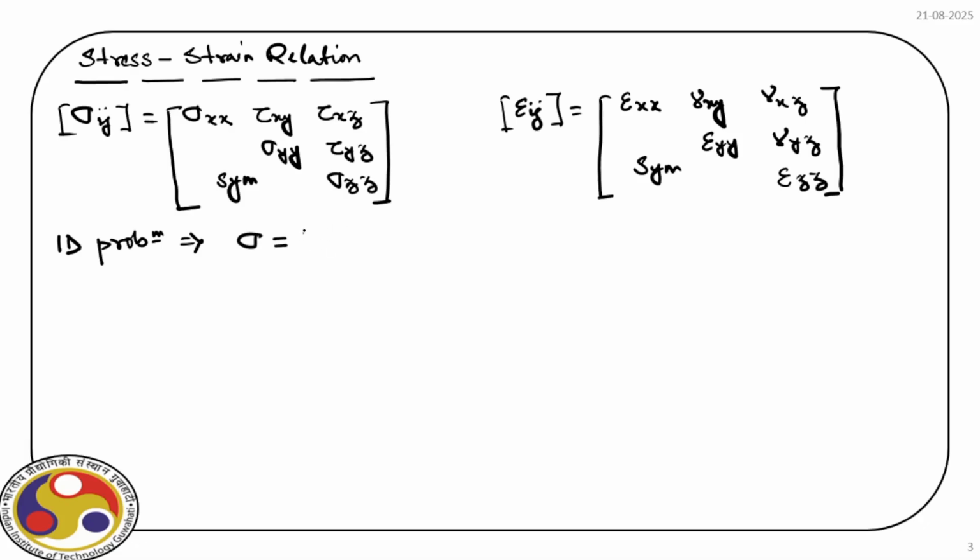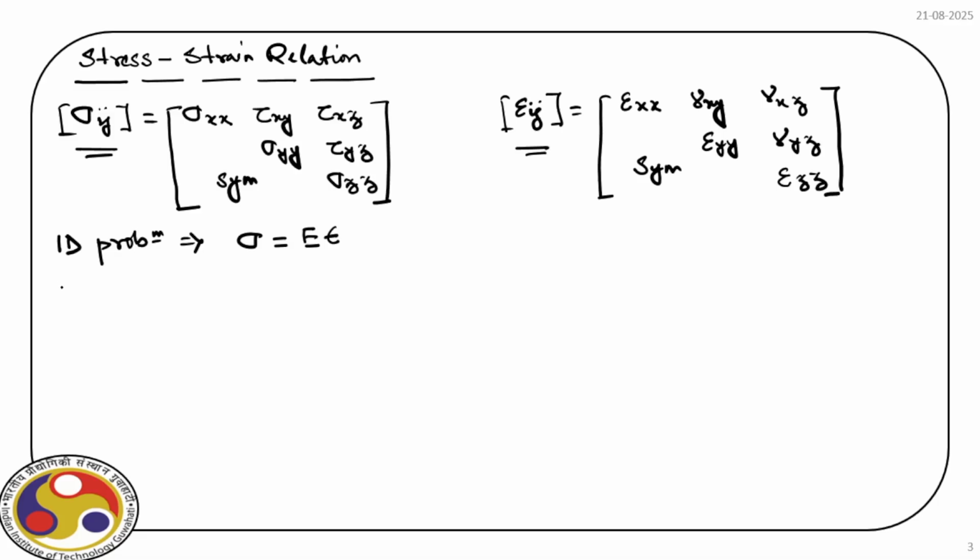So stress is proportional to strain as per Hooke's law, and then this is the relation between stress and strain. Obviously, this 1D problem, now we have to extend it to 3D, where we have the stress and strain matrices given, right? Now, before that, let us define the 3D material.